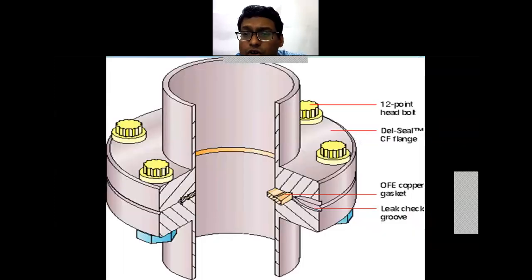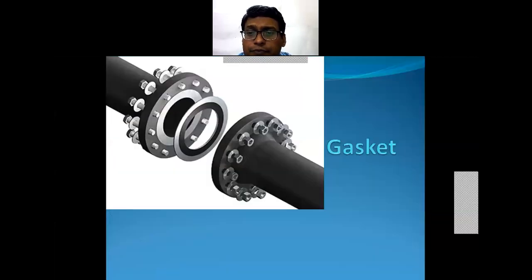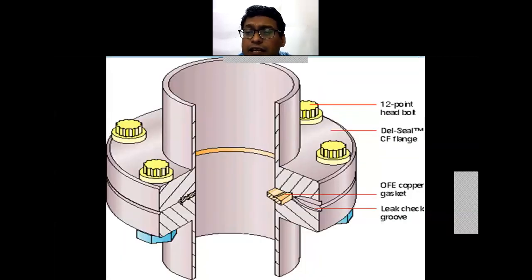In this figure also you can see the gasket. Here the two flanges are closed and bolted tightly. In the previous figure, the two flanges were separate. So here the two flanges are tightened.